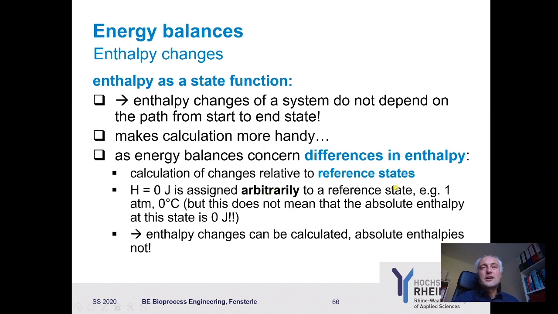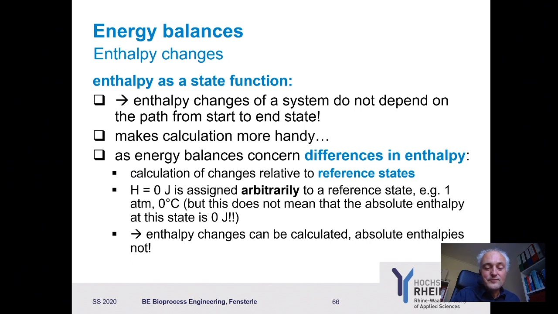And the cool thing is, you define the reference state as you want. So you just use the reference state which is easiest for your calculation, as it doesn't matter at what point you define it, because you always look at enthalpy changes. You take the one which minimizes the amount of calculations you have to do.